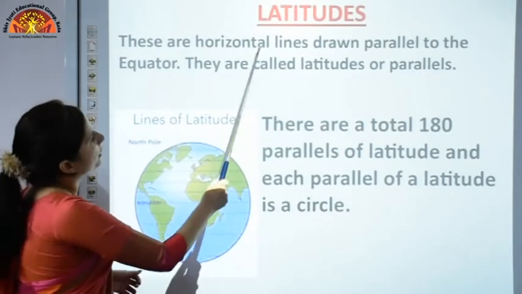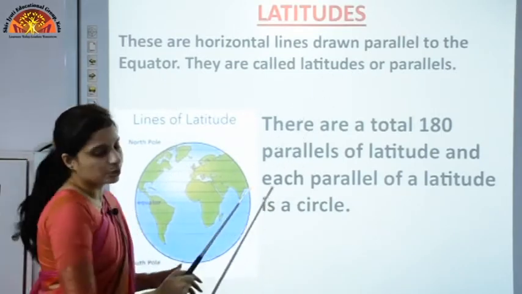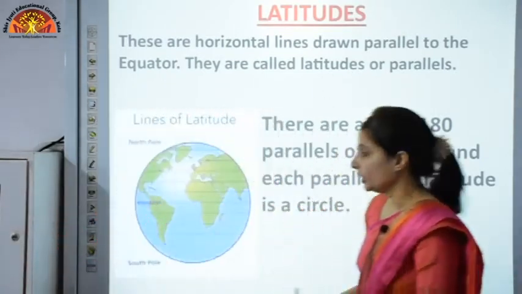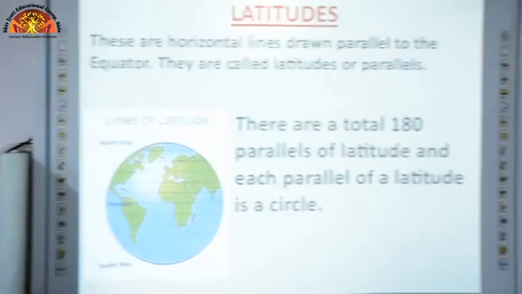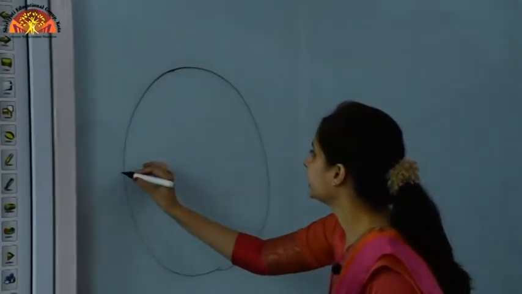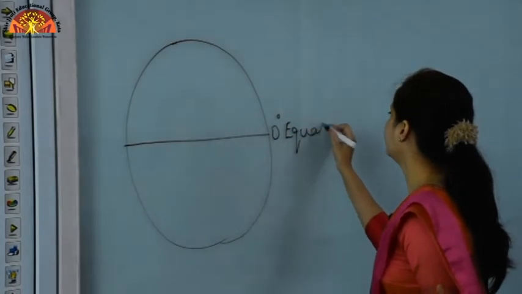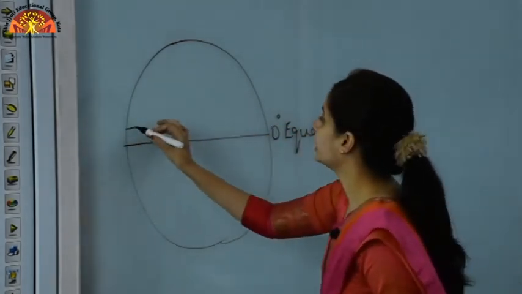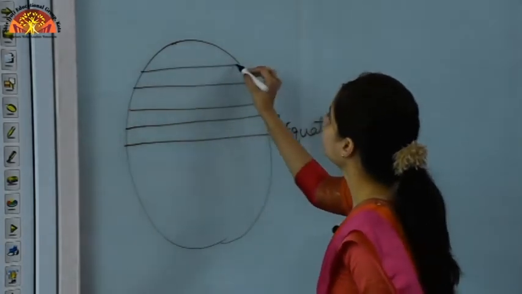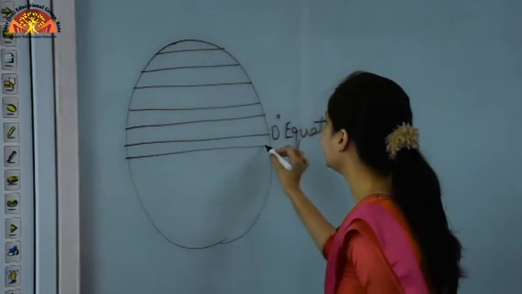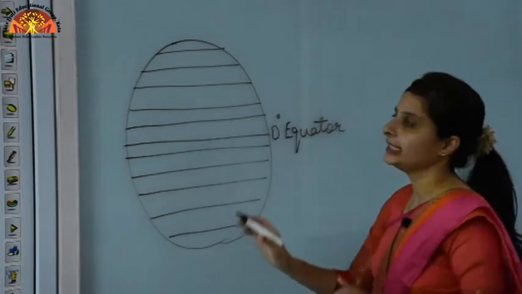Now we will talk about latitudes. As you know, these are the horizontal lines drawn parallel to the equator. They are called the latitudes or parallels. You can see in the picture also in the slide. This is the equator, which is marked at 0 degrees. Parallel to this there are 90 latitudes running east-west in the northern hemisphere and 90 in the southern hemisphere, which makes a total of 180 latitudes.